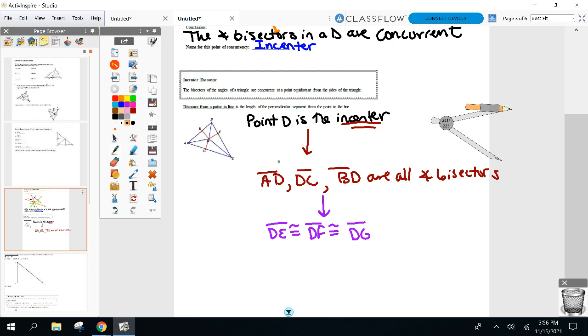So this is what I should get out of it if I know a point is the incenter: where are the angle bisectors and what lengths are congruent to each other? And if they're angle bisectors, remember, that tells you those two angles are equal, and those two and these two. That's what an angle bisector does. All right, so there's the incenter deal.